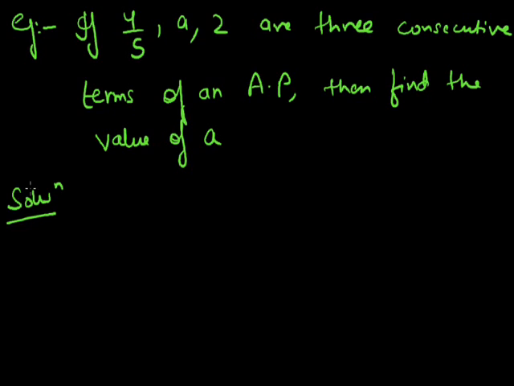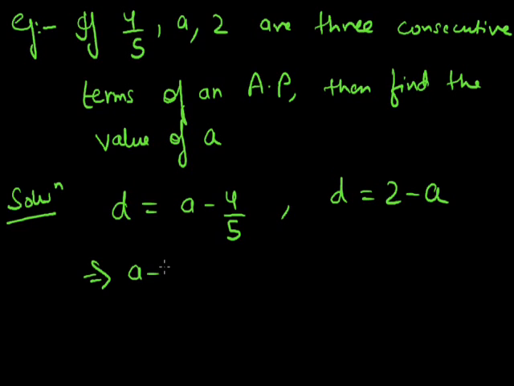As we know, there is a common difference between any two terms of an AP. So let's say the difference between the first two terms is a minus 4 by 5, and the difference between the other two terms is 2 minus a, which is the same. So we can write a minus 4 by 5 is equal to 2 minus a, as the difference is the same.